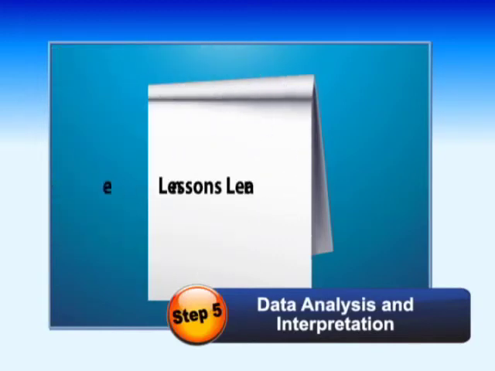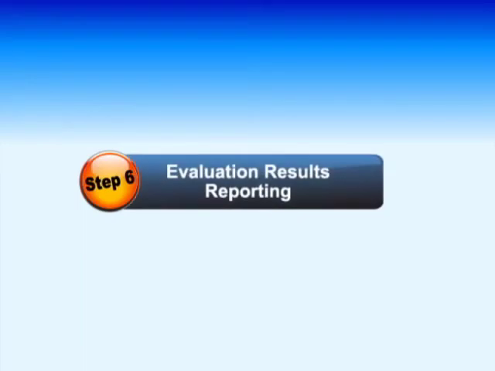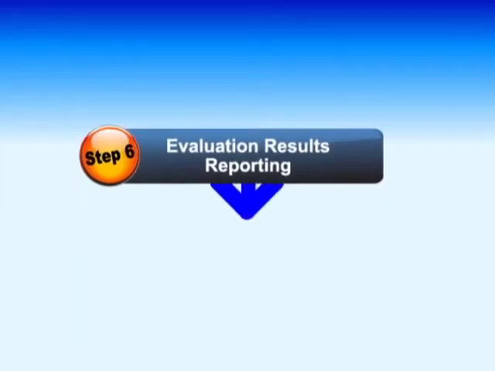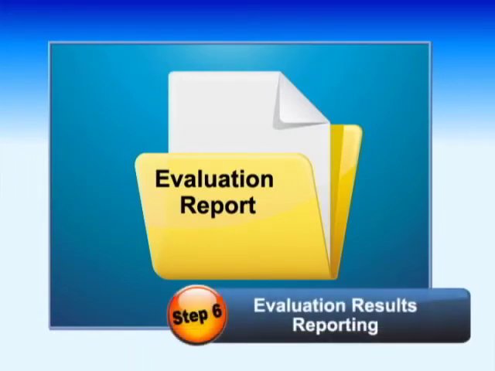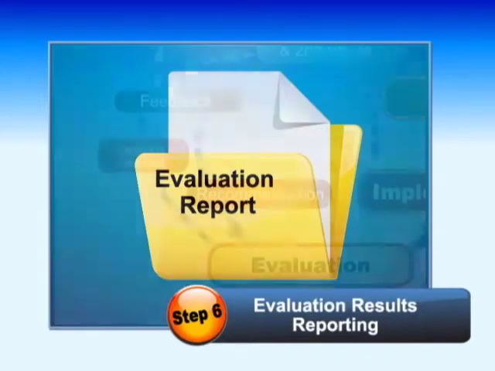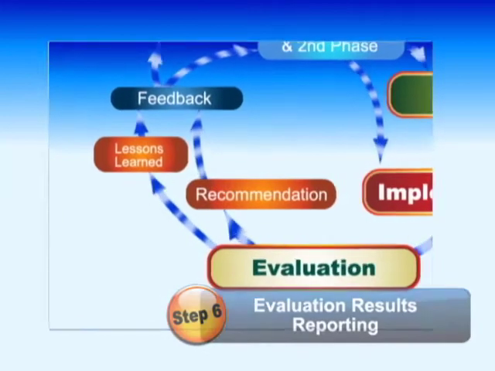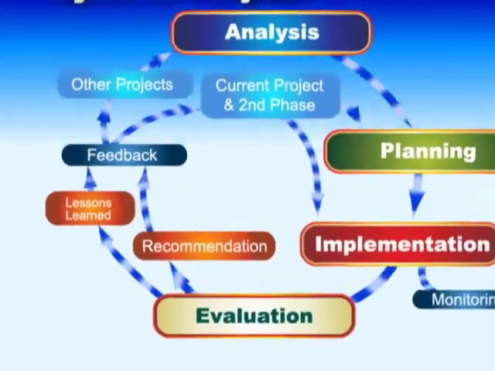Draw lessons learned from the conclusion to form recommendations. Step 6 is evaluation results reporting. The evaluation is completed by making the report as clear and understandable as possible to organizations and persons who utilize the evaluation result, and by gathering feedback.